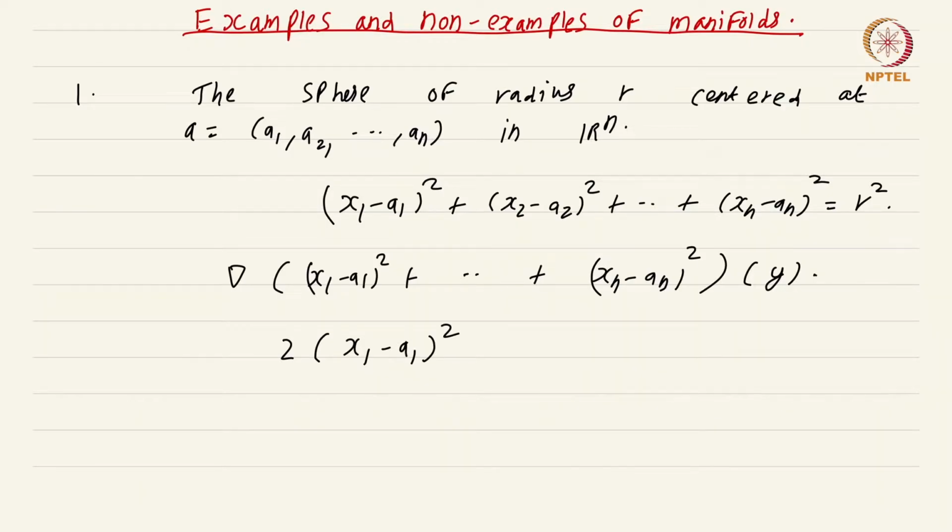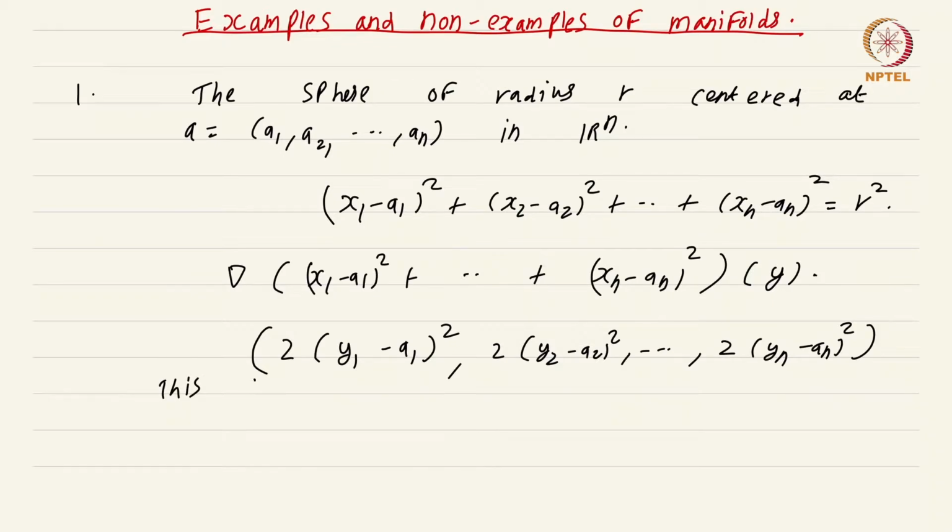Rather, let's write y as y1 to yn, and we can just say this is going to be 2y1 minus a1 squared comma 2y2 minus a2 squared comma dot dot dot 2yn minus an squared. This is going to be the gradient vector, and this does not vanish at any point of the sphere.